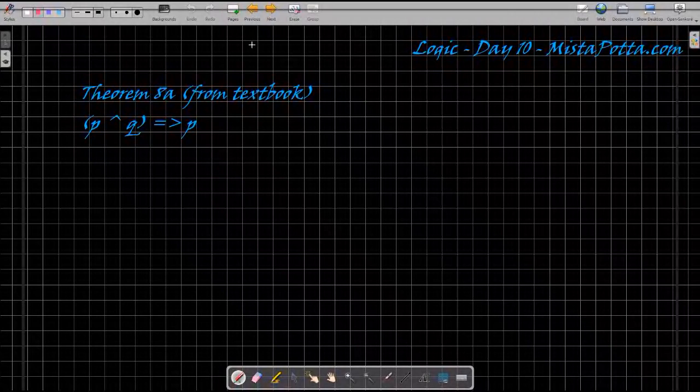I've got P conjunction Q conditional P. Remember that we do want to write this as a conditional if we want to prove this using truth tables.